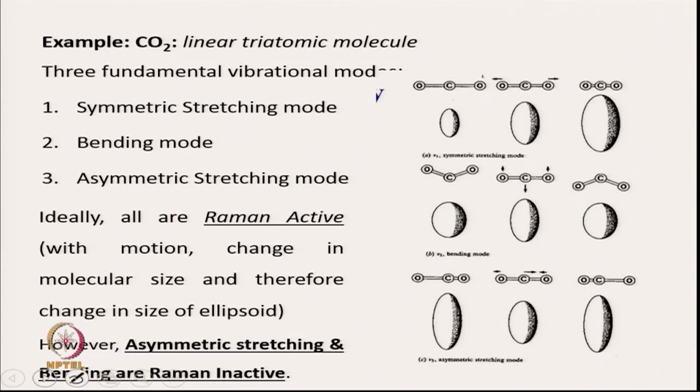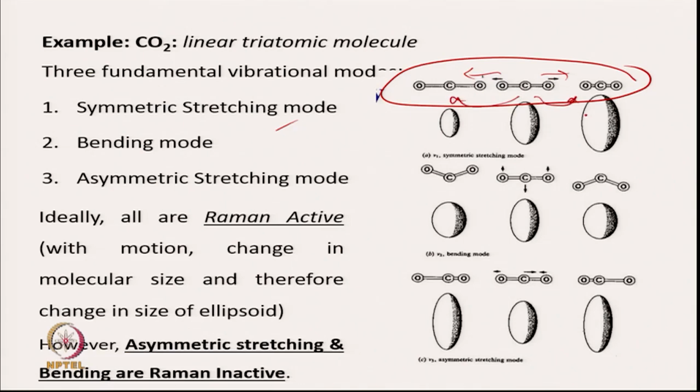CO2 has 3 fundamental vibrational modes. Since CO2 has 3 atoms, 3N minus 5 for a linear molecule gives 4, but here we consider the 3 modes shown. One is the symmetric stretching mode. You are stretching both bonds: when stretching happens you get this, when contraction happens you get this molecule.